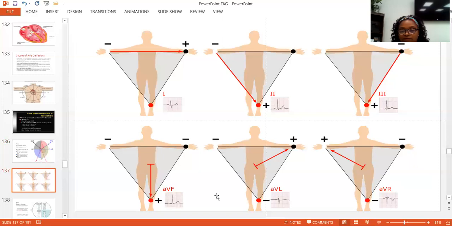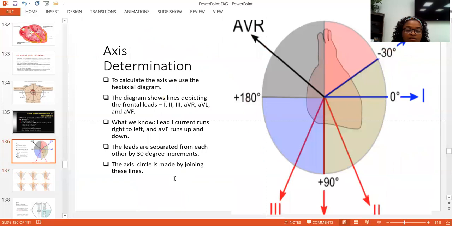Again, here's our AVF, and there's a depiction of how the current is running. The leads are separated from each other by 30 degrees. You see here, 30-degree increments. And if you draw a circle around that, that's how they get that hexaxial circle.